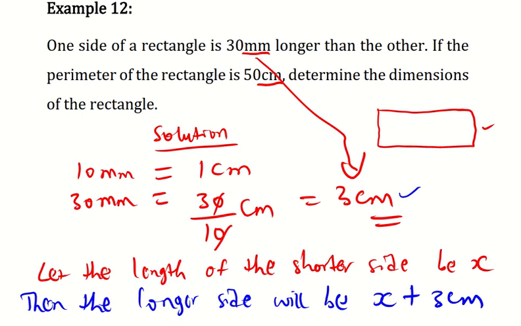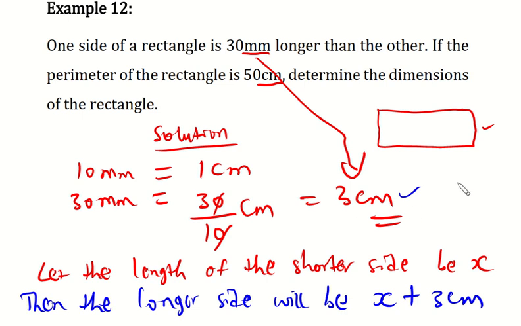Now wait, let me just explain something. They said the longer side is 3 centimeter longer than the other side, the shorter side. If we already assigned x to the shorter side, the longer side will now be 3 centimeter plus the length of the shorter side.